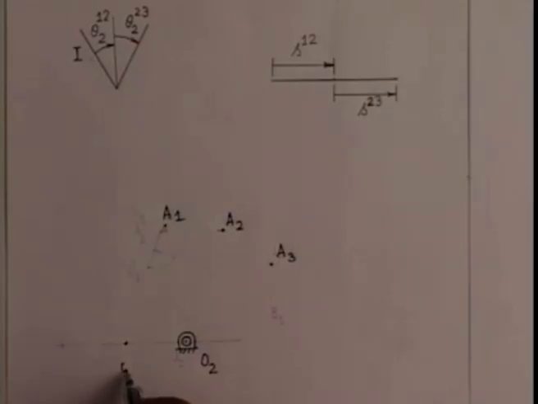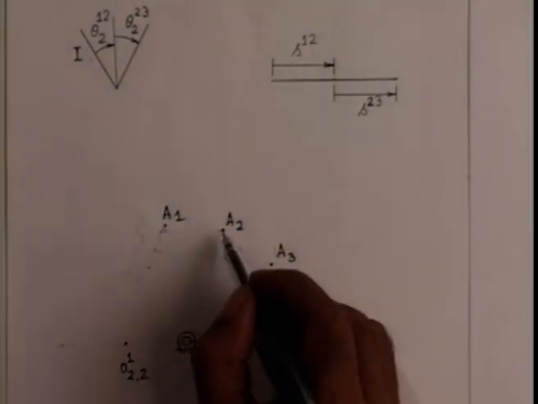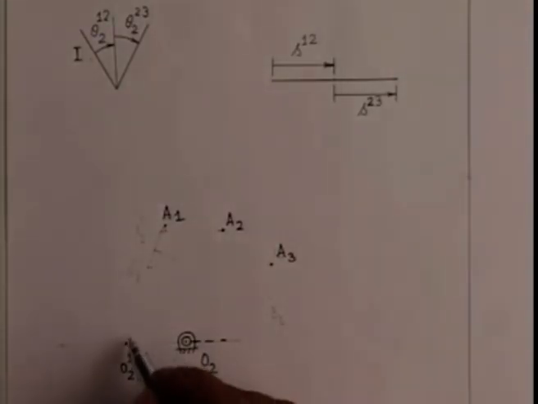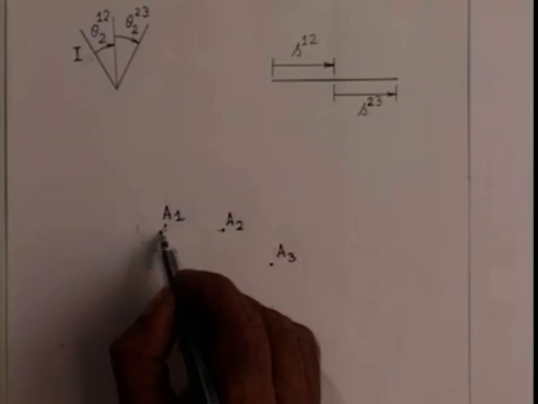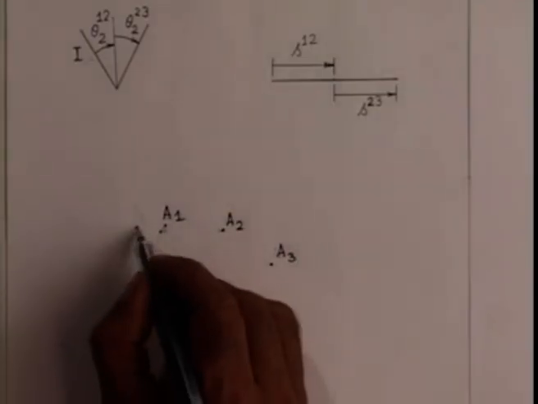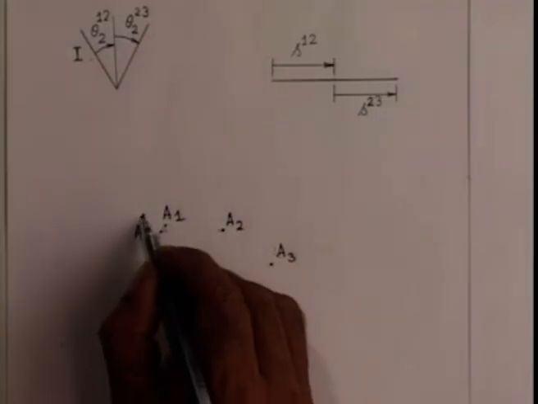And this we called O2, second position inverted on the first position. And we also know the angle between the horizontal line through O2 and the A2 position, second position. So we draw here at the same angle and we get the inverted position of A2, which we call A21.